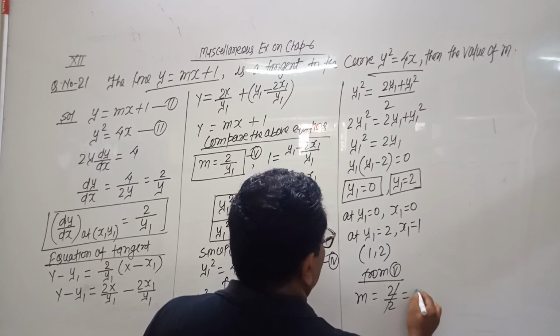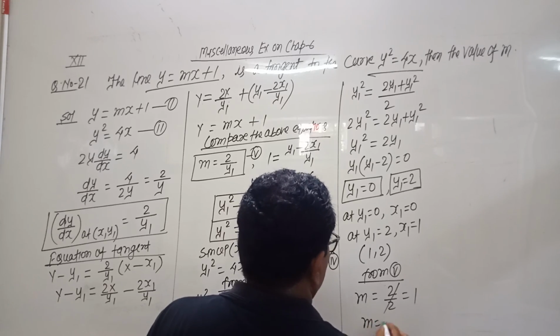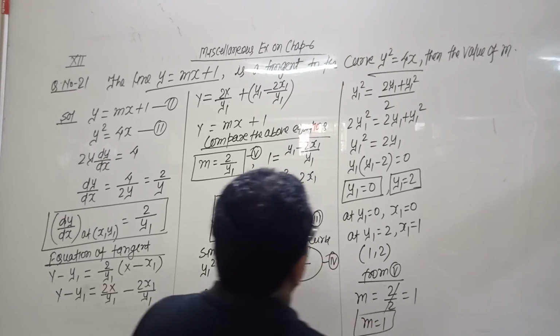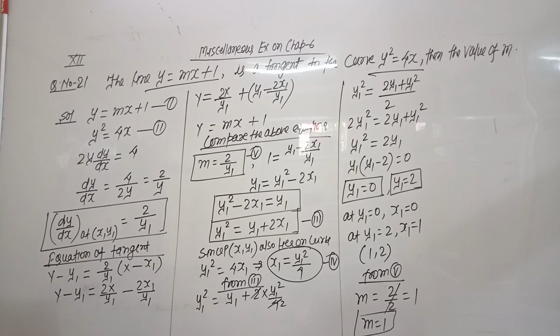The value of y1 is 2. So the slope comes to be m equals 1. And in the question we had to find the value of m. So the value of m comes to be 1. This is the slope.